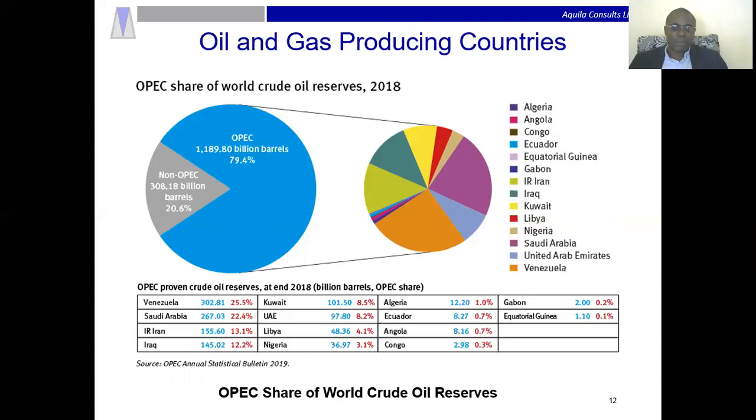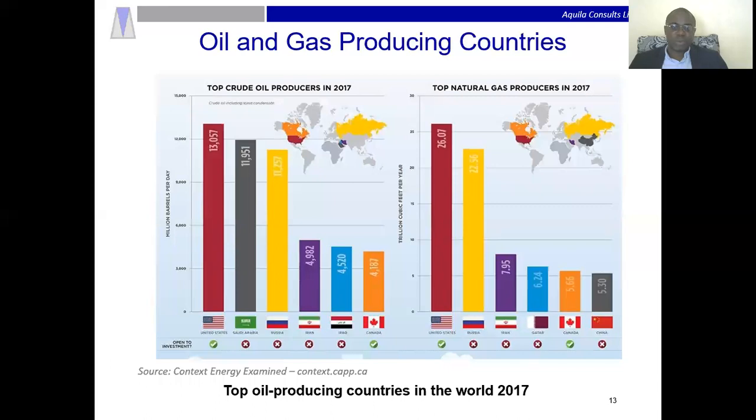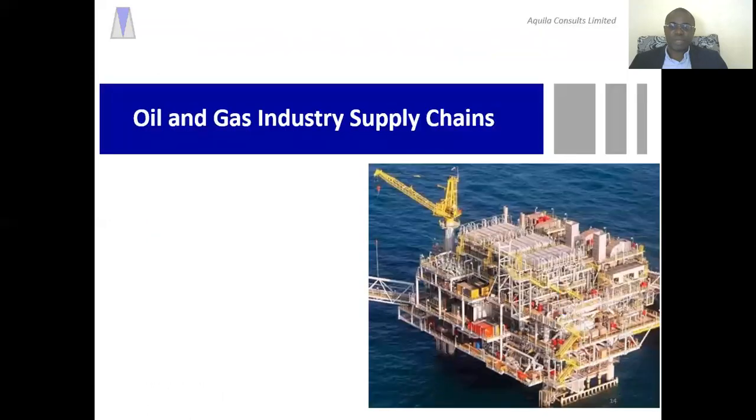So among OPEC members, you will see that Venezuela actually has the highest reserve, although in terms of production, it doesn't produce as much as Saudi Arabia. So what I've said earlier, top oil and gas producers are summarized in this chart as of 2017. So you will see the top 5 oil producers and gas producers in that chart.